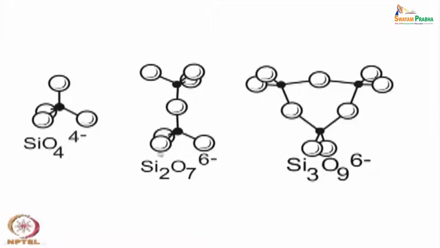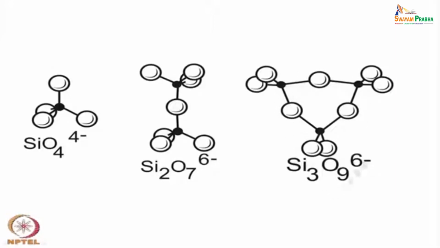So, the overall complex ion is Si2O7 6 minus. This is SiO4 4 minus, and this is Si2O7 6 minus. And then you can also have another kind of structural unit like this, a ring.